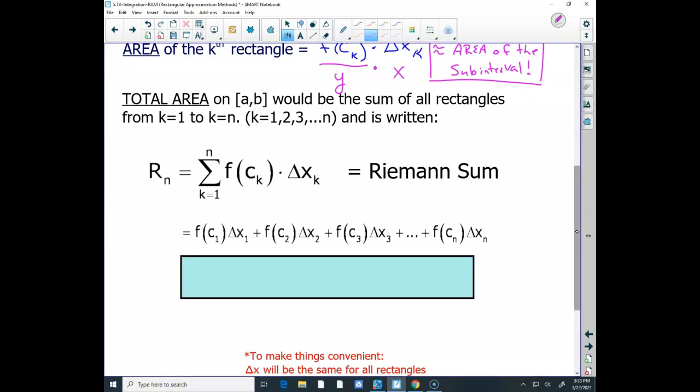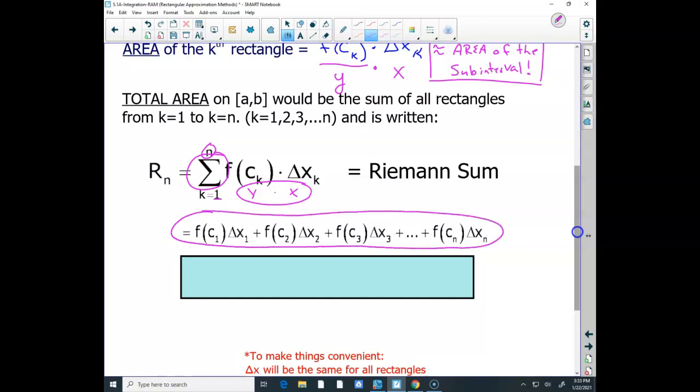If I take all the y's times all the x's, all the rectangles, and find the sum of them from my first rectangle to my nth rectangle, this is what my Riemann sum looks like. This is the area of rectangle number 1, this is number 2, this is the area of number 3, and this is the area of the last rectangle in our subinterval.